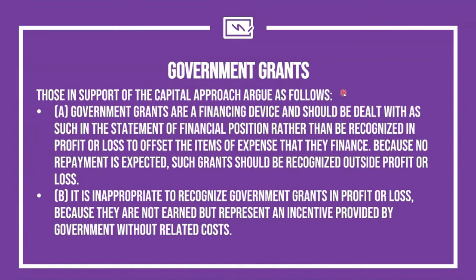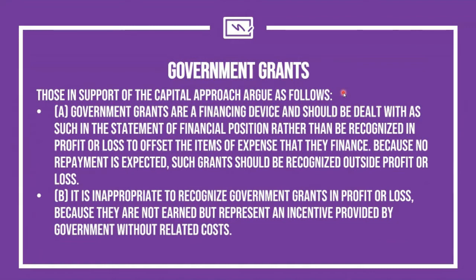Because no repayment is expected, such grants should be recognized outside profit or loss. The second one is that it is inappropriate to recognize government grants in profit or loss because they are not earned but represent an incentive provided by government without related cost. So these two are the arguments that support capital approach.